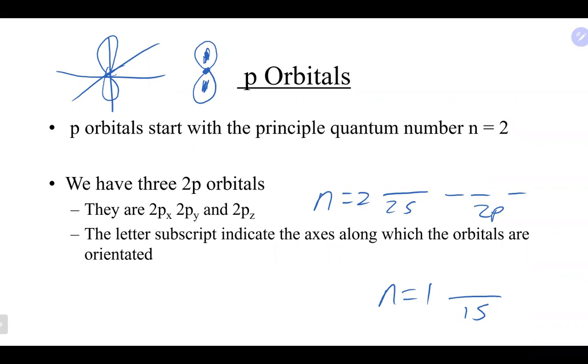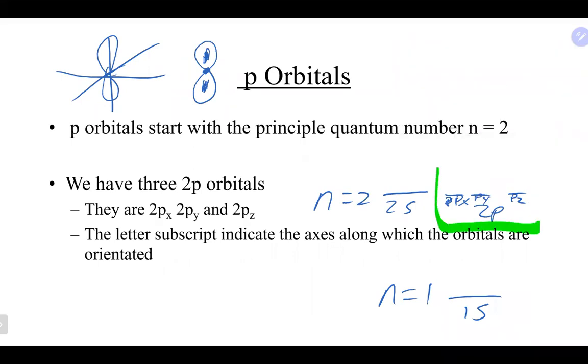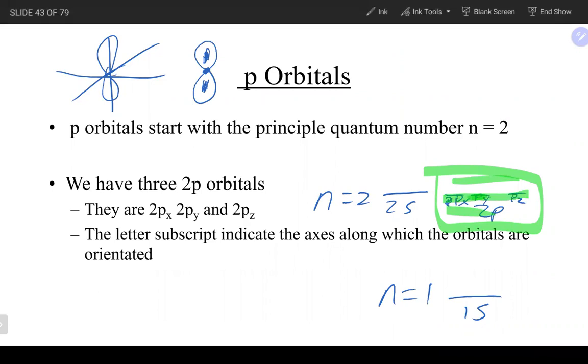It is made up of 3 individual p orbitals, the px, py, and pz orbital. If I take all 3 of these orbitals together, how many total electrons could I put in there? I could put 6.